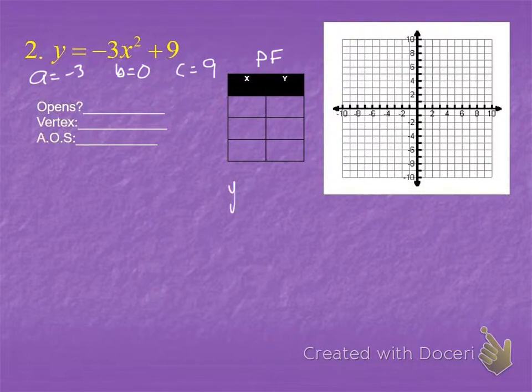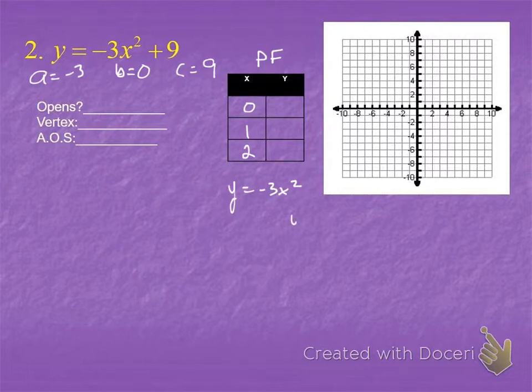The parent function is the adjusted parent function, so it's the parent function with a in it, so negative 3x squared. And I'm still going to use 0, 1, and 2. I'm going to always use 0, 1, and 2, and then mirror image to get the last 2 of the 5 points that I want.